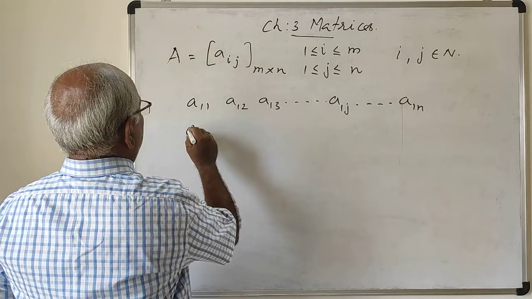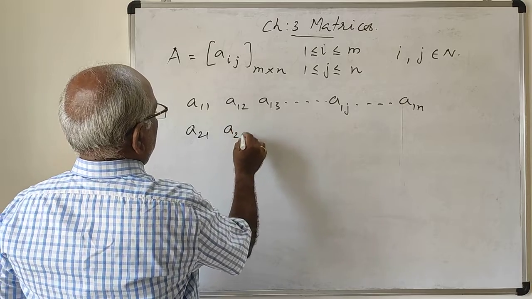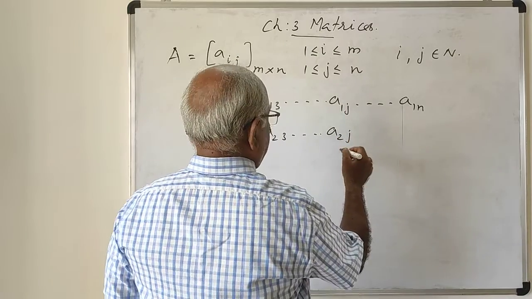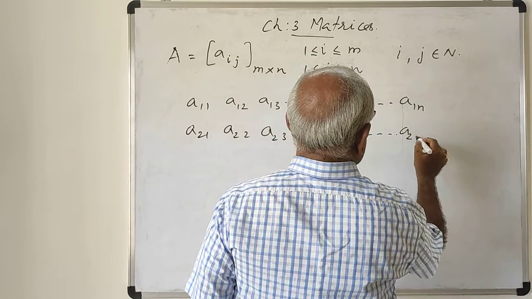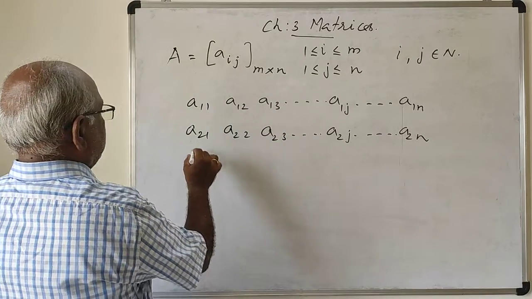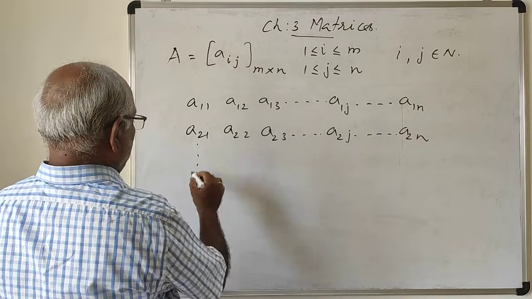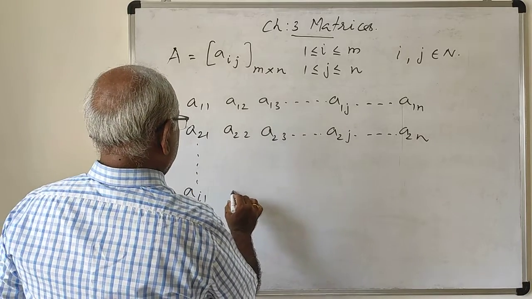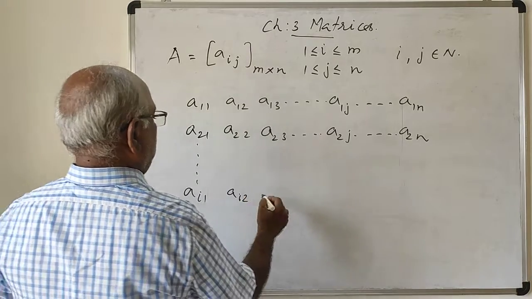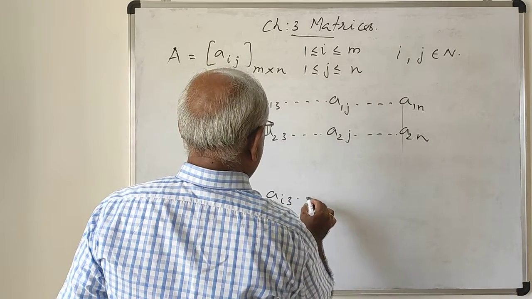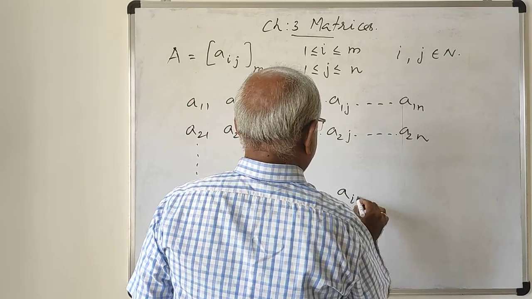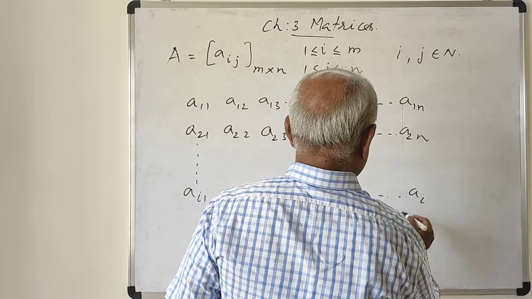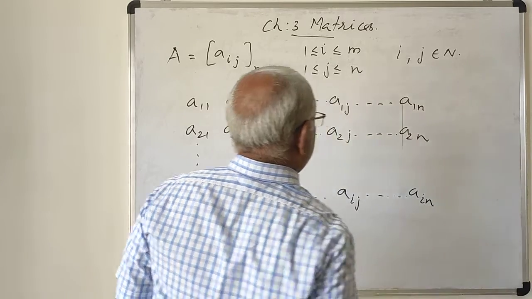And this is A21, A22, second row, second column, A23, and so on. This is A2j, second row, jth column, and this is A2n, second row, nth column. Like that, the ith row: Ai1, ith row first column, Ai2, Ai3, this is Aij, ith row jth column, and finally Ain, ith row nth column.